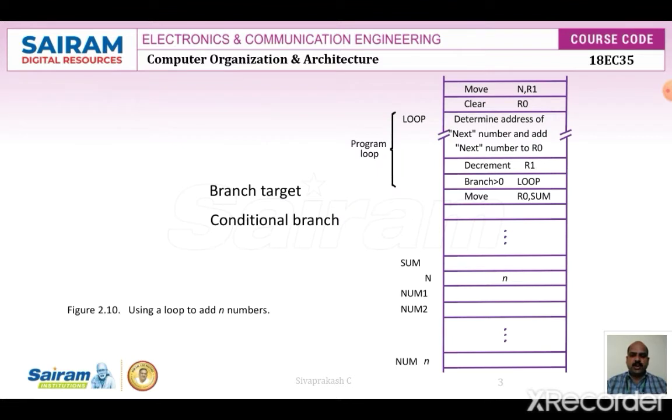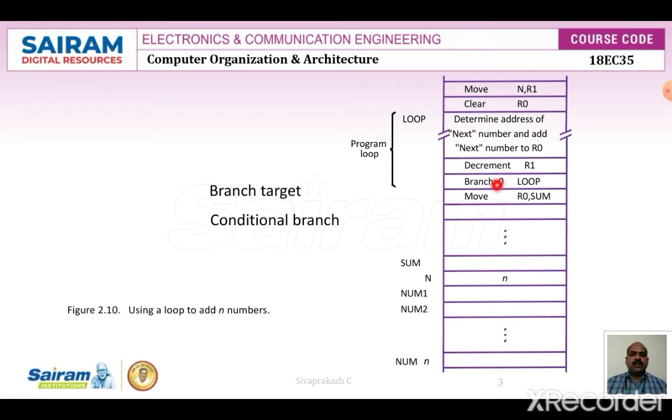So let's have a small example. I am going to take an instruction, move N comma R1, where N is the number, and I am going to use a register R1 to hold the count. Then I am going to use a counter R0, a register created to count the numbers and determine the address, and next I add 4 to R0. After each instruction is executed, I decrement the counter.